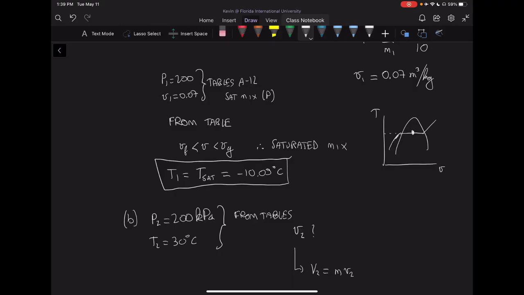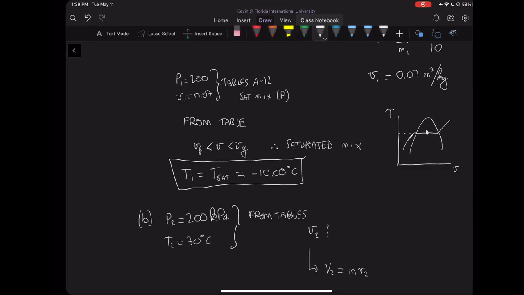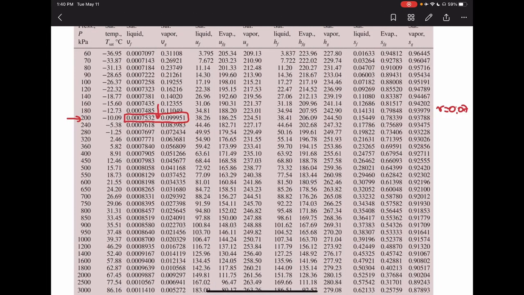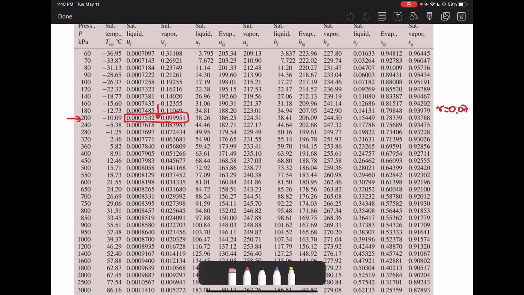So let's try and find specific volume from the tables. Going back to table A12 again, we can see, and I'll just write it here, that our temperature 2 is greater than Tsat.